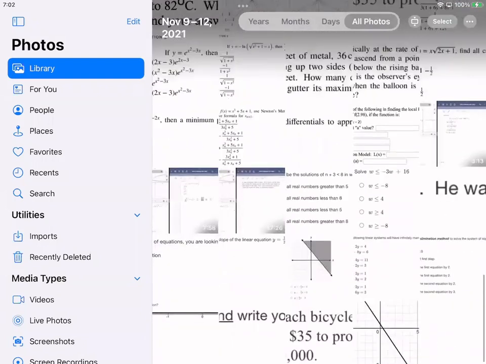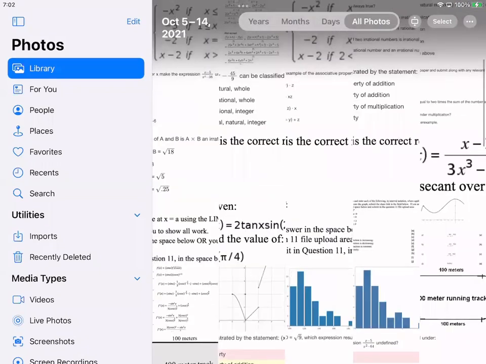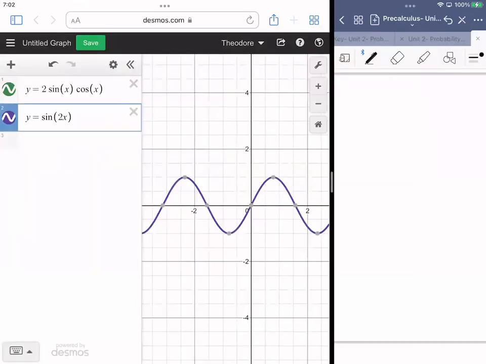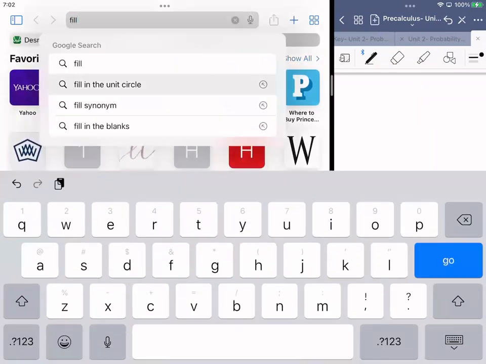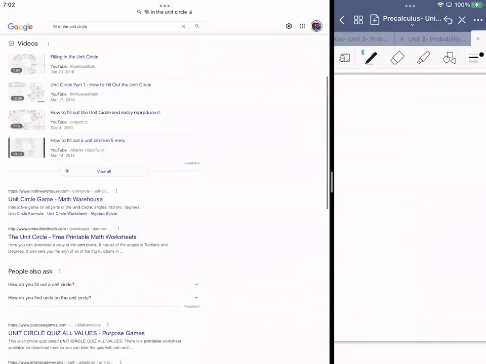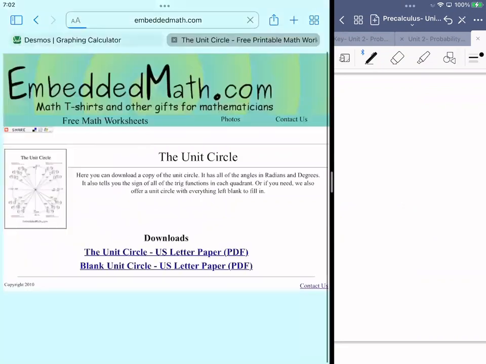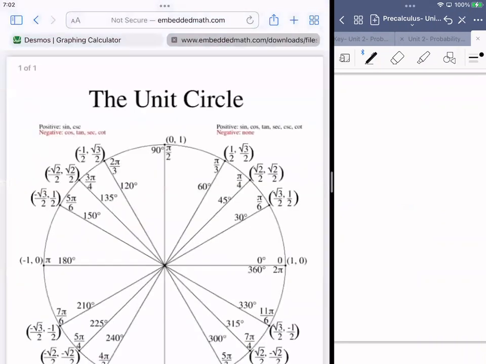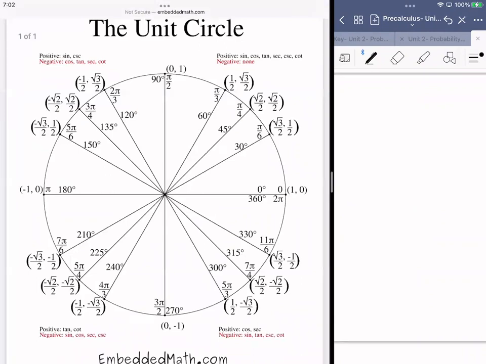All right. I'm going to do it the old-fashioned way. Fill in the unit circle. And let's see. It's under embedded math. The unit circle. Yeah, it's a good looking unit circle right there. Been using this for years.